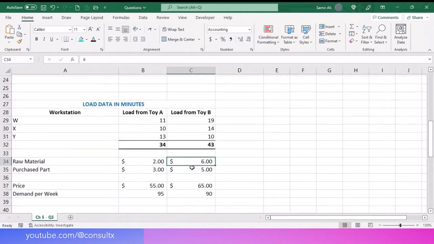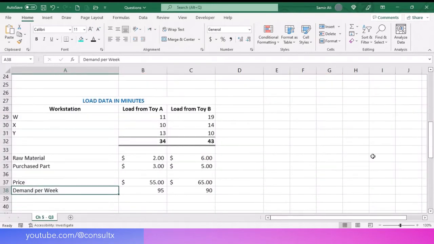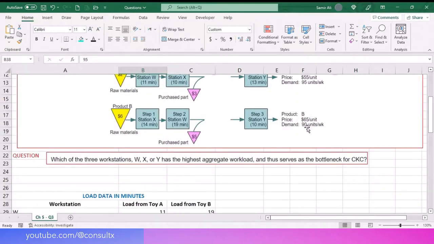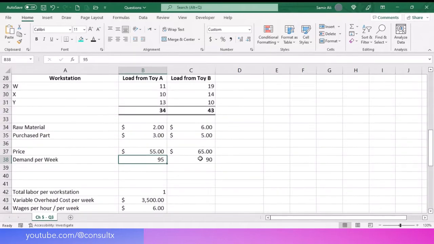The next thing I put in is the selling price and the demand per week. The selling price for product A was $55 per unit and 95 units per week, so I put in $55 and 95, while for B it's $65 and 90 units per week.